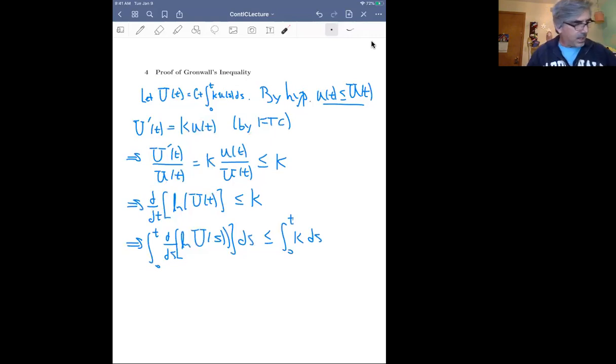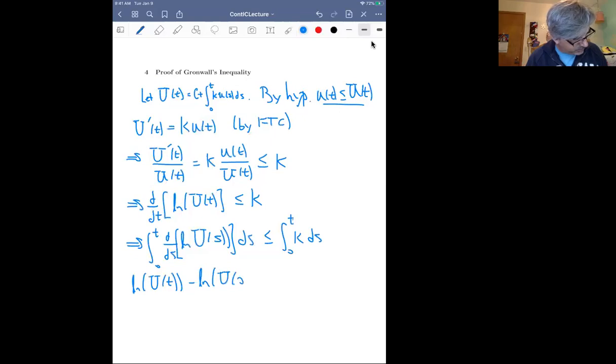All right, so now back to the calculations. I can now use the fundamental theorem of calculus again to evaluate this integral. The integral on the left turns out to be easy. It's the natural log of capital U of t minus the natural log of the capital U evaluated at 0.